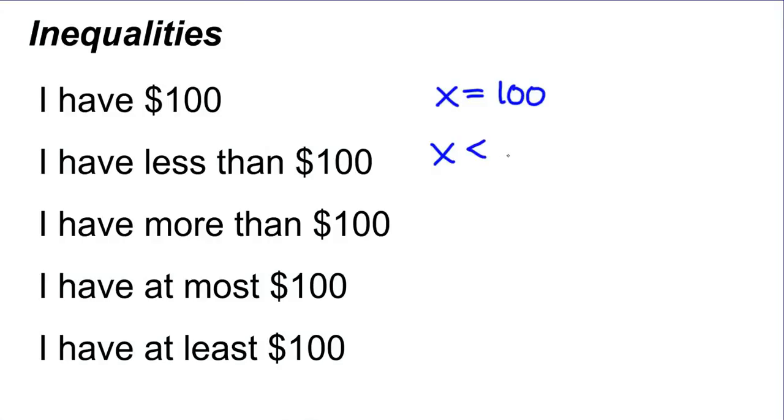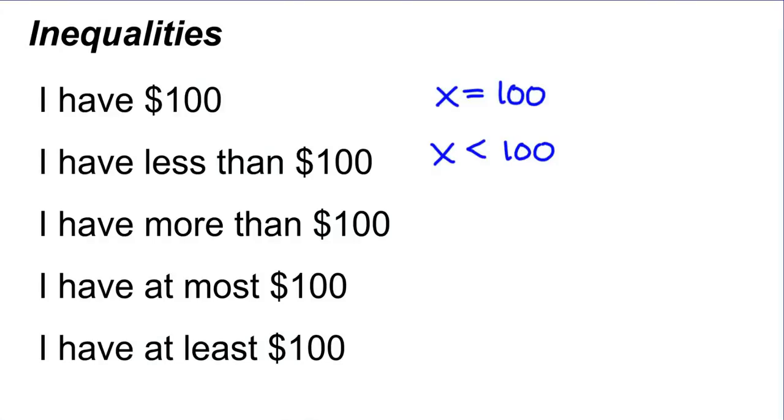We're going to use the less than symbol. You've probably seen that before. X is less than 100. That means it's anything less than 100, but I cannot have exactly 100 because 100 is not less than 100. So I could have $99.99, but I could not have $100, or I could have anything less than $100.